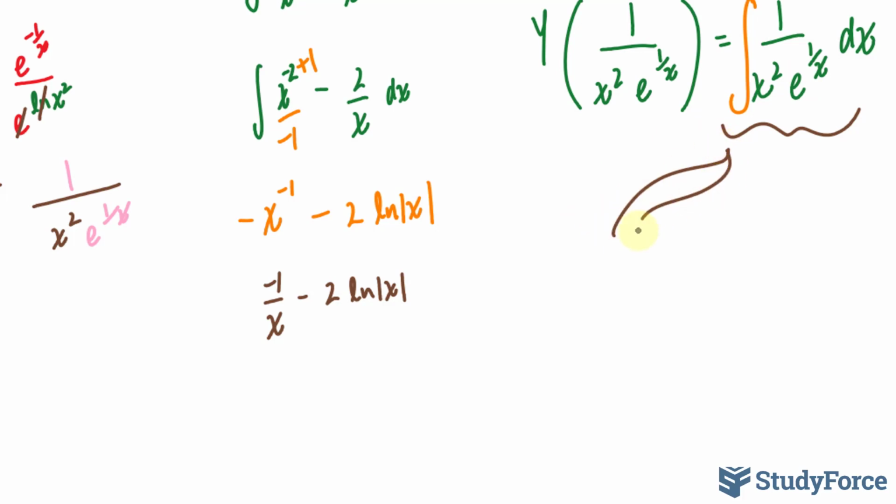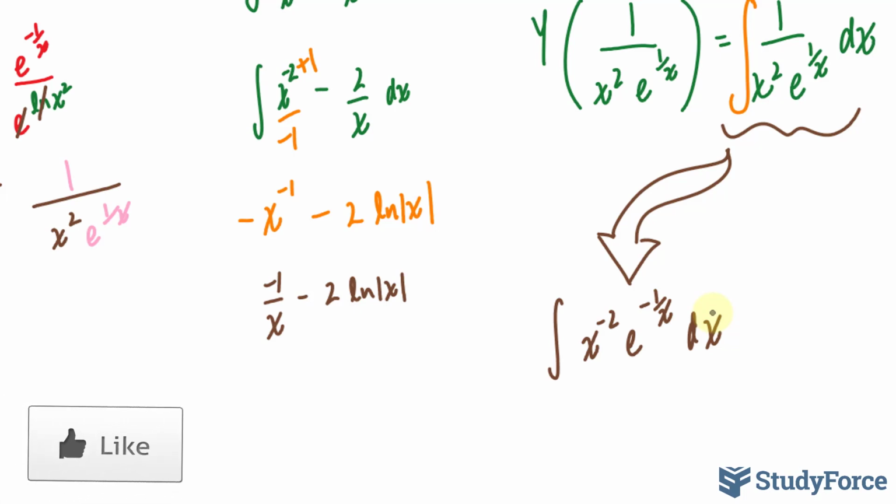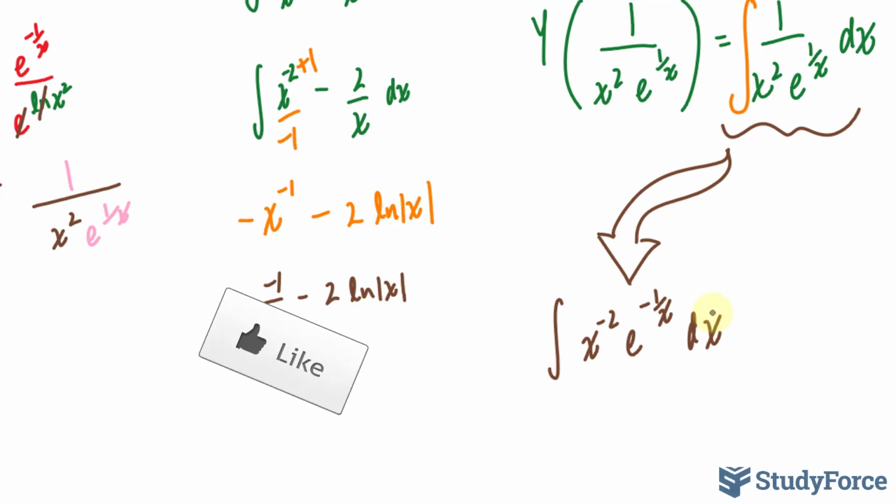So focusing only on this part, I have the integral of x to the power of negative 2 and e to the power of negative 1 over x dx. At this point, to take the integral of this function, you'll need to use integration by parts. So I'll fast forward by just giving you the integral, but feel free to review integration by parts on how to actually do this.